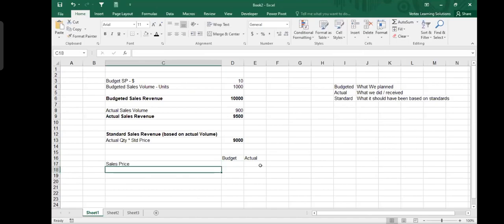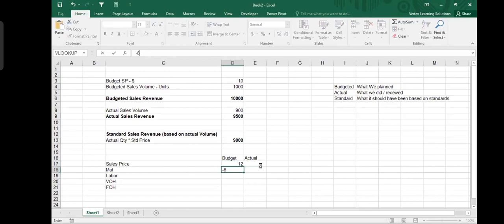This is your material, labor, variable overhead, and fixed overhead. So my selling price is $12 and my material is 6, labor is 3, minus 2, minus 2, and I get my profit.